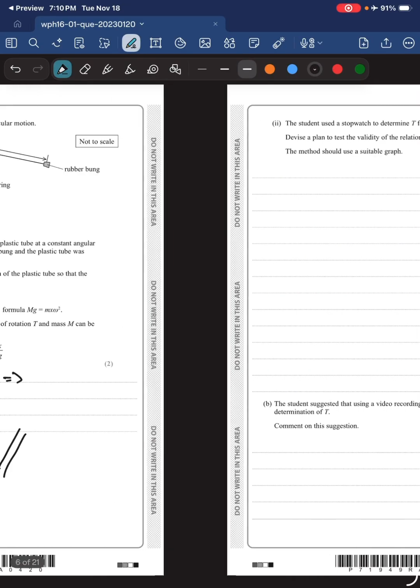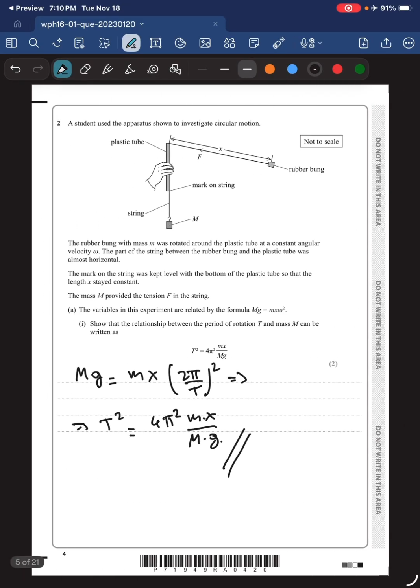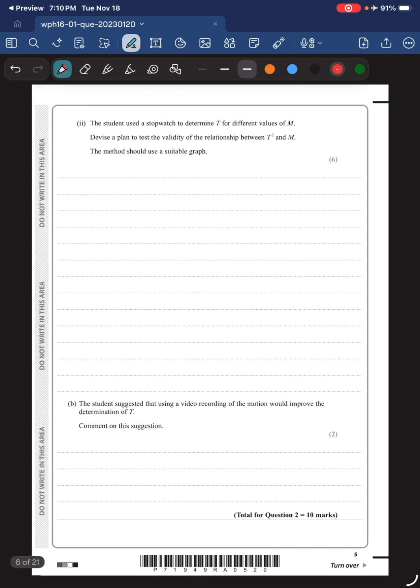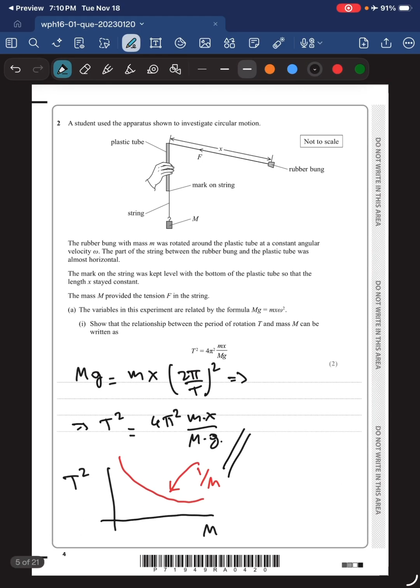So from this formula over here, we expect that if we plot t squared with respect to m, we should get something like this. This graph is the graph 1 over m, because this is the relationship between these two. So somehow we have to take enough measurements to make this plot.